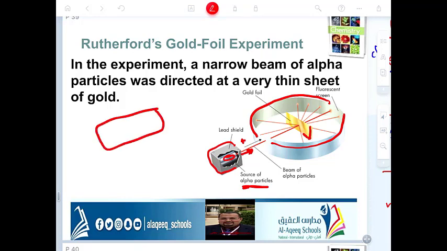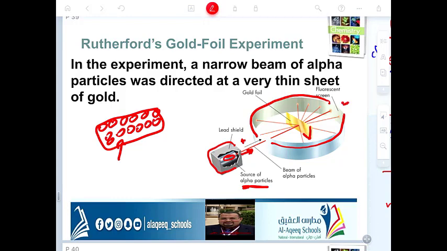Gold foil is a substance that is composed of atoms. He wanted to see what is inside the atoms. He chose a metal like gold to see what atoms are inside and what the structure of the atom is. Also, he would allow these rays to move, but we cannot see these rays if they hit the gold, whether deflected or reflected or transferred.